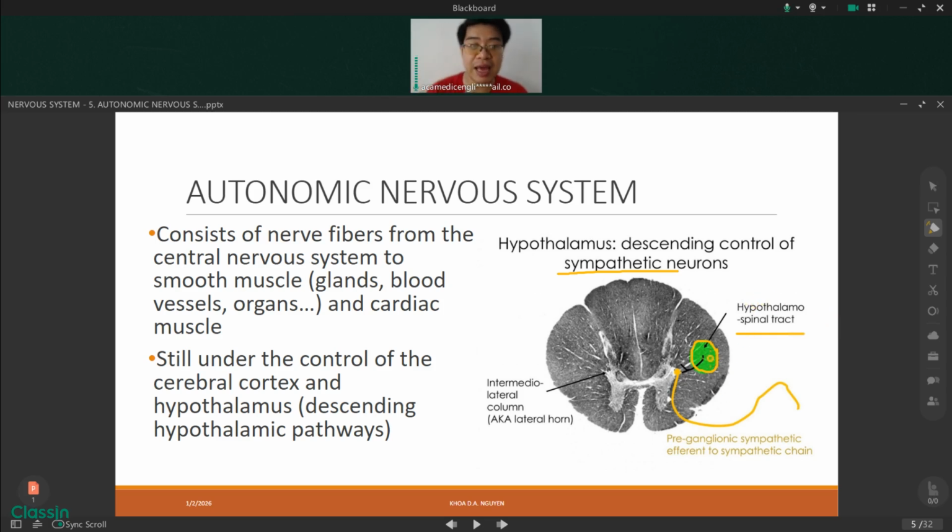And what it does is that in this tract there will be axons, and those axons will carry signals from the hypothalamus down and synapse with the outflow of the sympathetic nervous system on the lateral horn. So one thing that you do need to remember is that the autonomic nervous system will also receive input from the central nervous system for it to work.